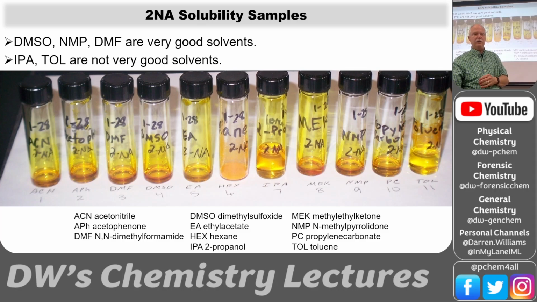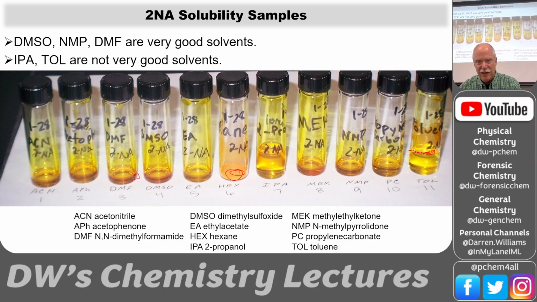And so these are the different vials. You can see here, this was for 2-nitroaniline. It dissolved in a very little amount of DMF. This is the amount, and it's perfectly homogeneous. Hexane, we filled this thing all the way up, and you still had powder in the bottom. Absolutely not soluble in hexane. Toluene, the level is up here.